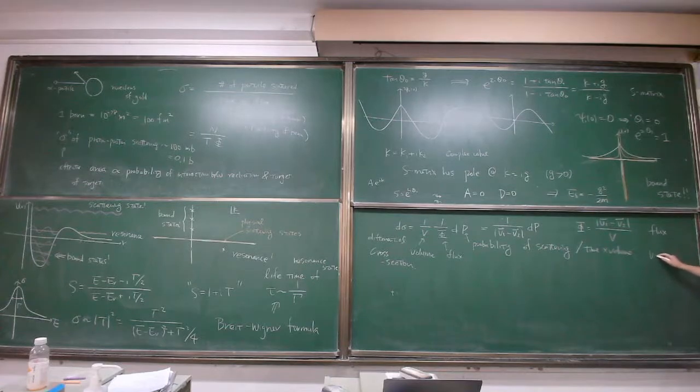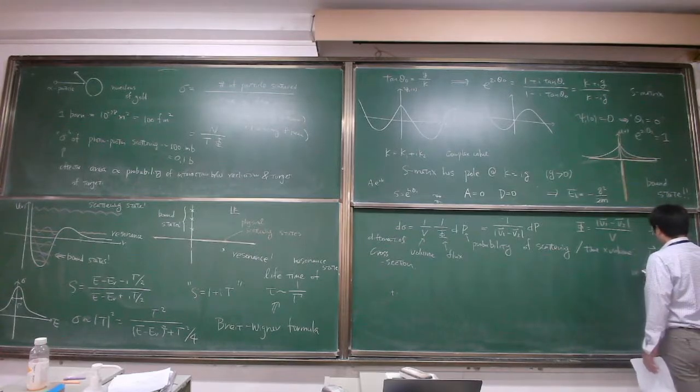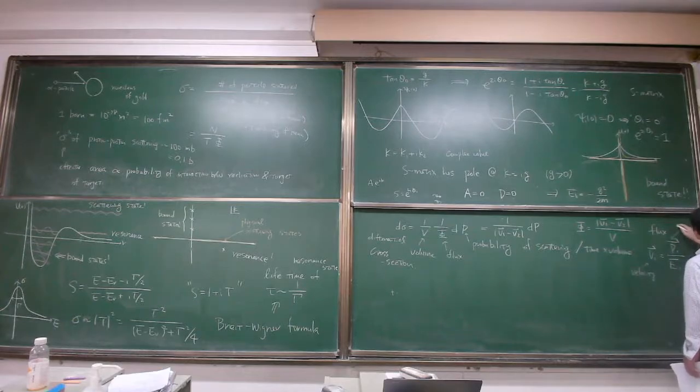So v_i can be written as p_i divided by the energy. This is velocity, and this is momentum. So be careful of the difference. For velocity, you need to divide by energy, not momentum.